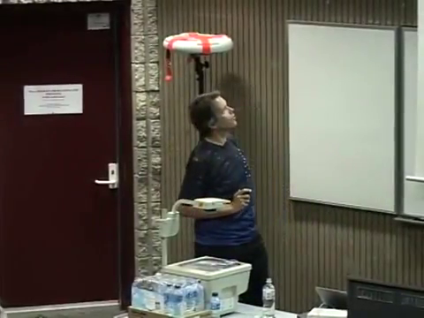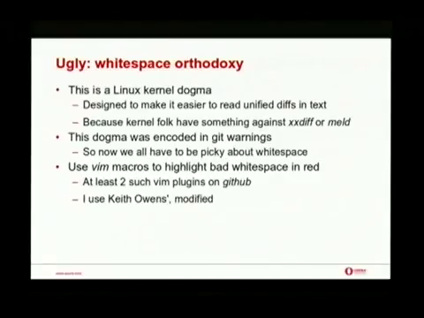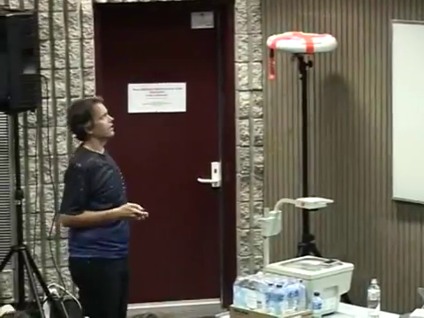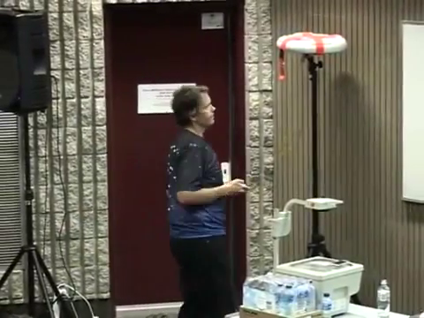Okay. White space orthodoxy. This is a matter of taste. There's this thing with the Linux kernel where they don't like patches that add weird or bad white space, and there's several different definitions of what bad means, which is really a coding standards issue.